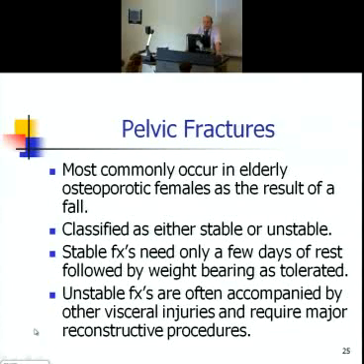So pelvic fractures, again, occur in the elderly, mostly osteoporotic females, and they can either be stable or unstable. Stable fractures may require just a day or so of bed rest, followed by weight bearing as tolerated. And unstable fractures are often accompanied by other injuries, so soft tissue injuries.